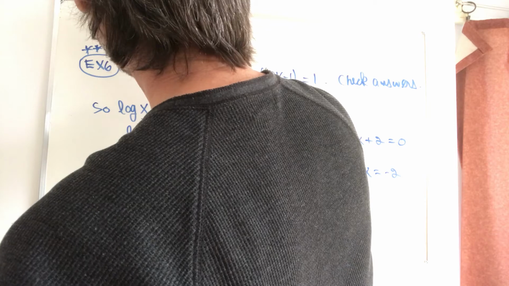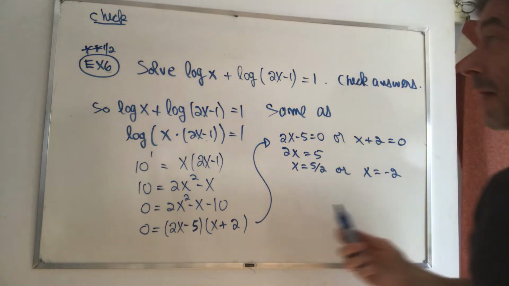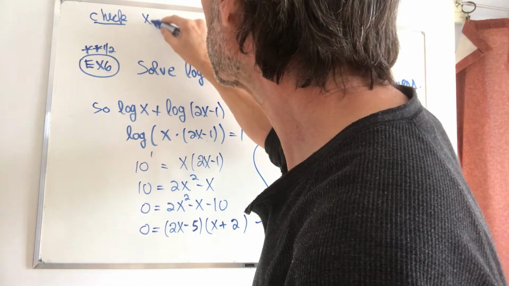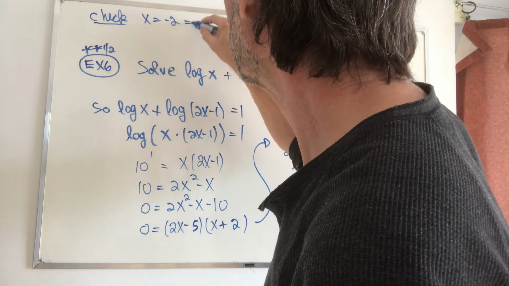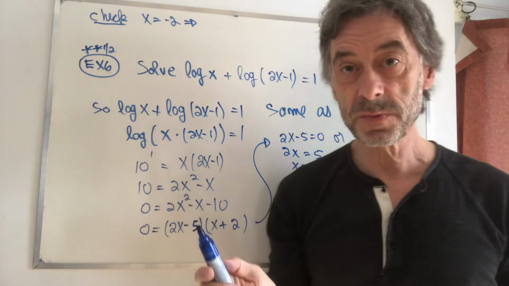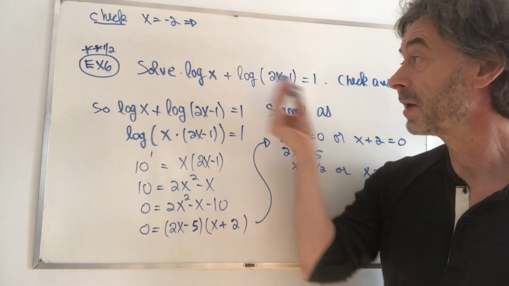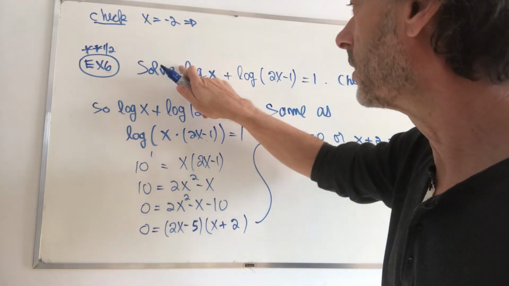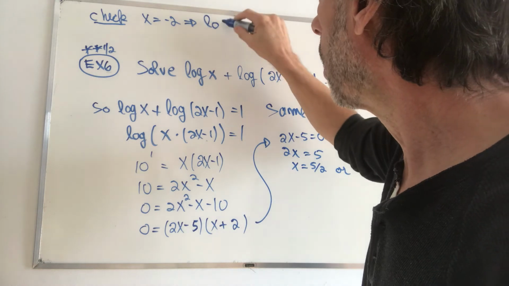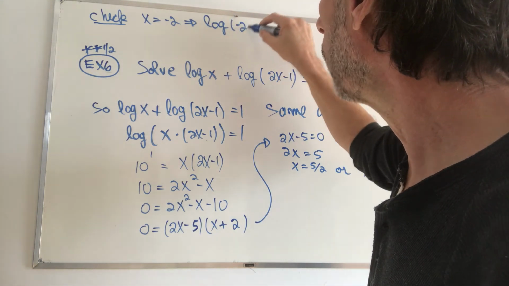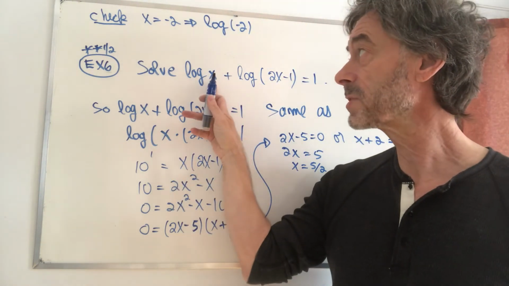So check. So let us check minus 2. X equals minus 2. I'm going to replace x with minus 2 inside my original statement. So I'm going to have log of, what? Log of x is log of minus 2.